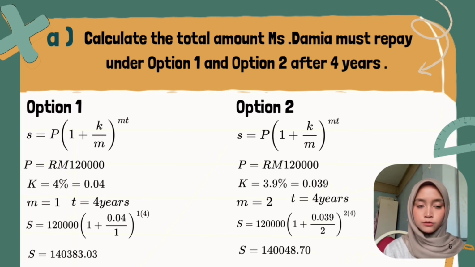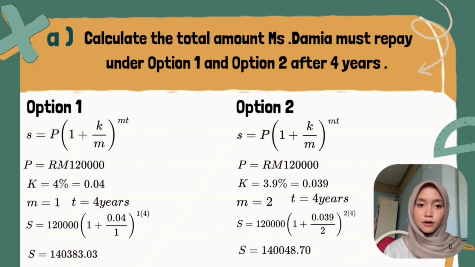So for option 1, we use the formula S equals P (1 plus K divided by M) to the power of MT. In the question, we got the value of P, which is 120,000 ringgit, the value of K, which is 4% and we change it to 0.04, the value of M, which is compounded yearly, 1, and the value of T, which is 4 years.